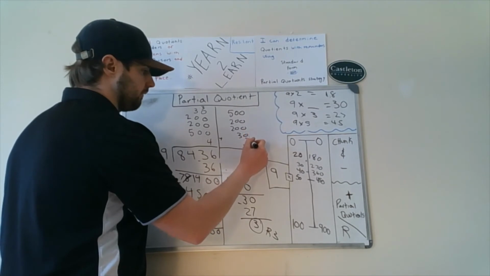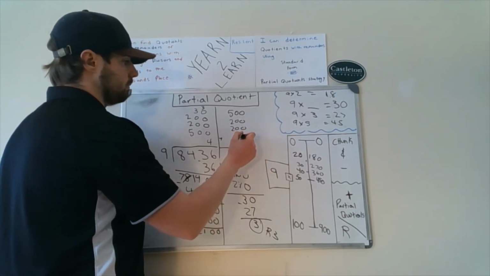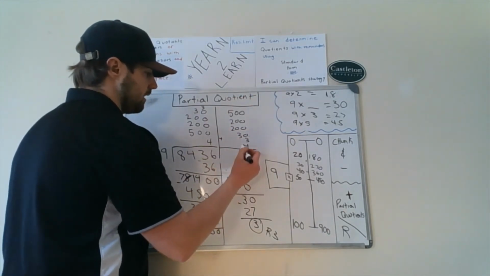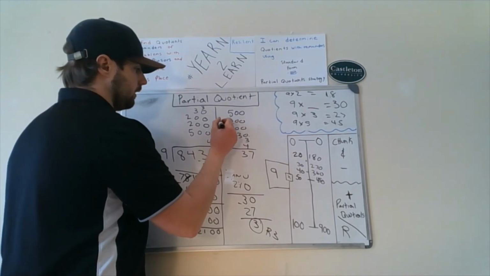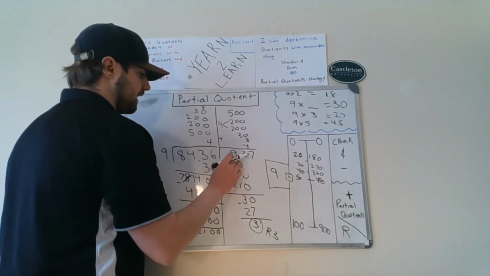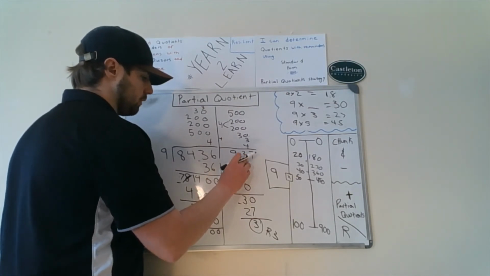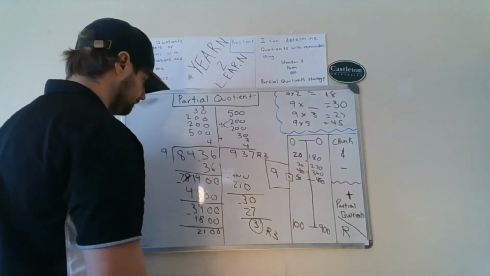Nothing. 3 and 4. 3 ones plus 4 ones going to give me 7 ones. 3 tens plus no tens going to give me 3 tens. 2 and 2 make 4. Plus 5 more is going to give me 9. 937 is my quotient. I add my remainder of 3.